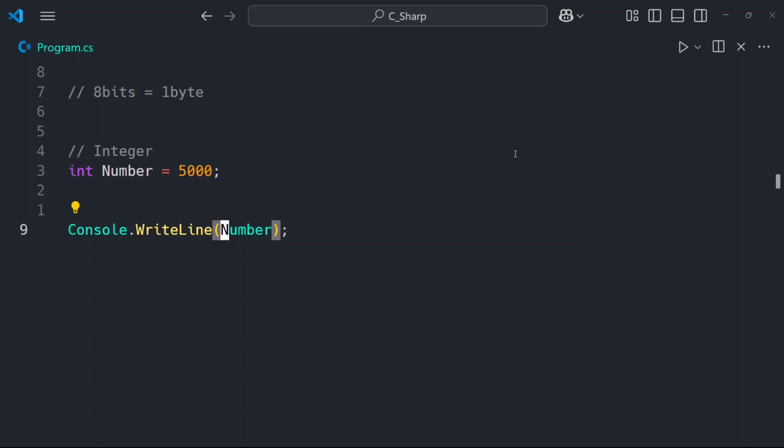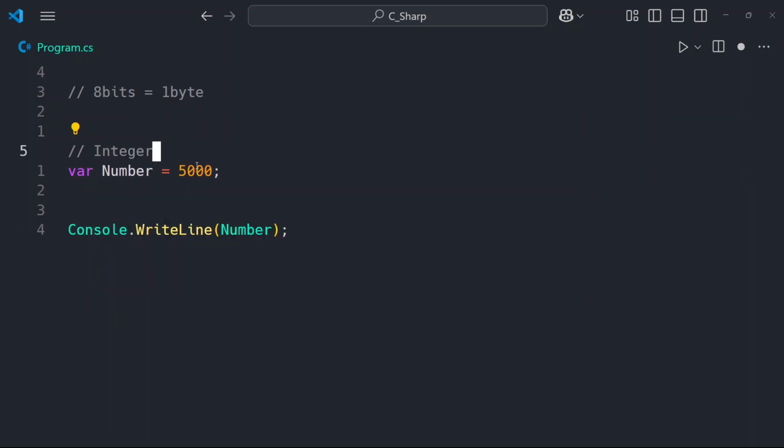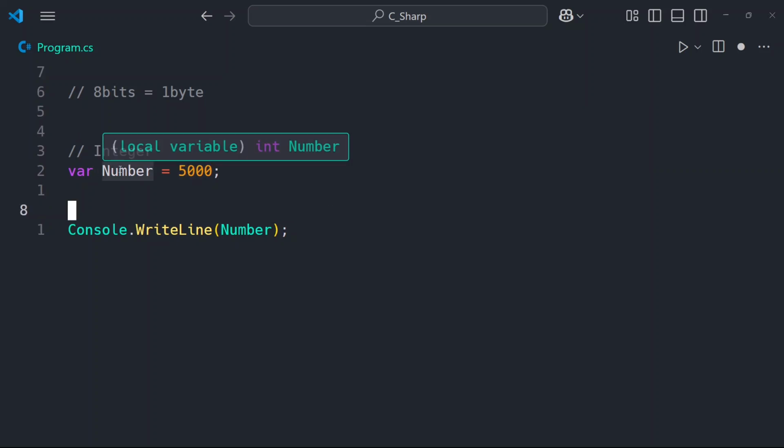This is what people use the most. How do we know it's the default choice? If we change this to the keyword var and hover over this, we can see it says int, local variable int number. The compiler will interpret your inputs as an int by default.